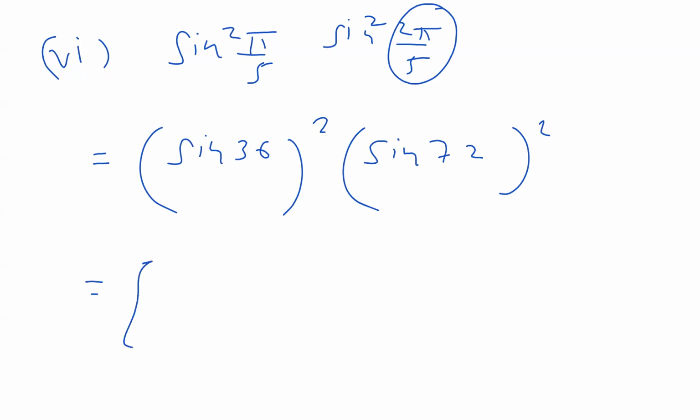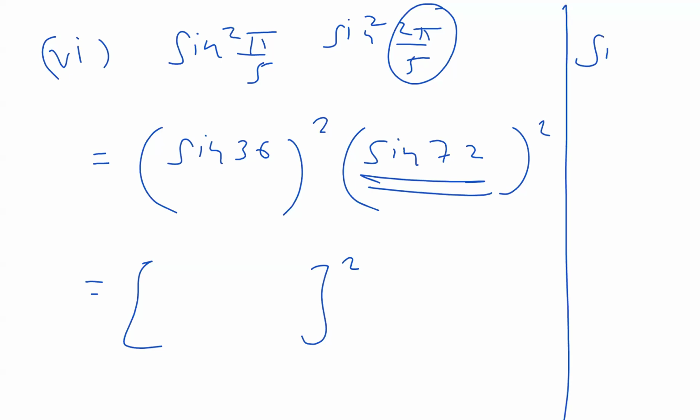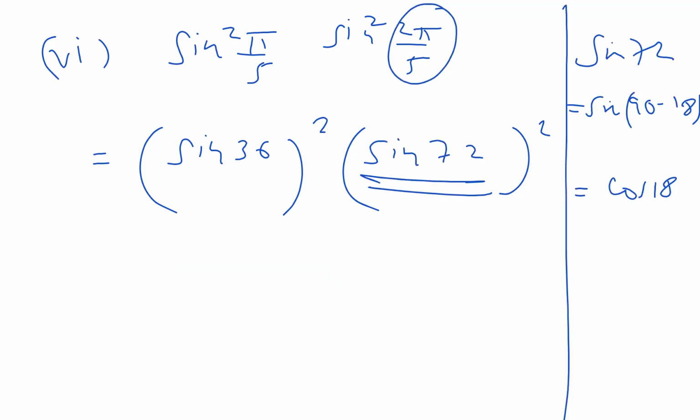Now sine 36 we have the direct value. Sine 72 we need to calculate: 90 minus 18, cos 18. So sine 36 direct value you can put, but then this will be cos 18.